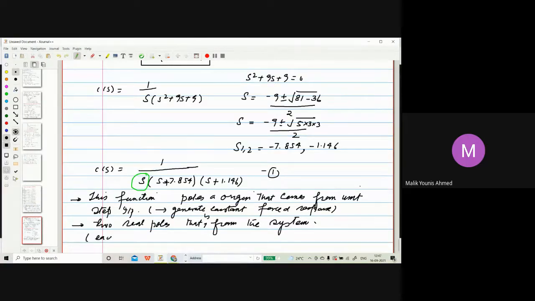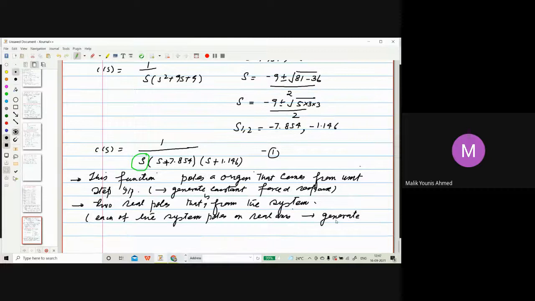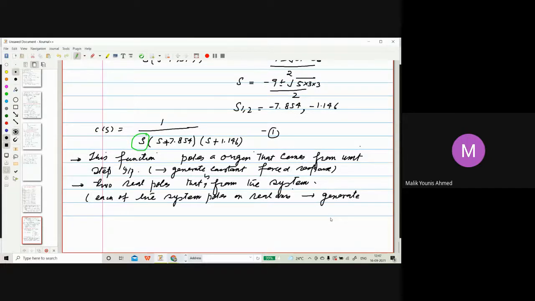So each of the system poles, that is system poles which come from the transfer function, will be on the real axis, and they will generate a natural response that everybody knows, even in network, I have talked about this.